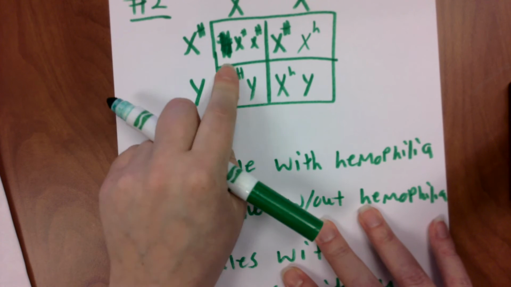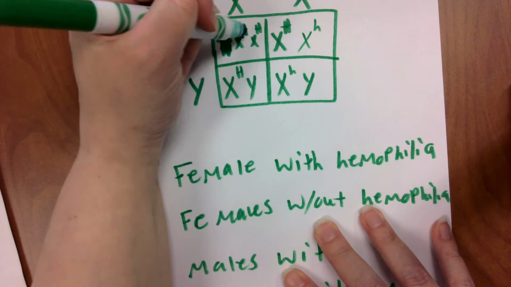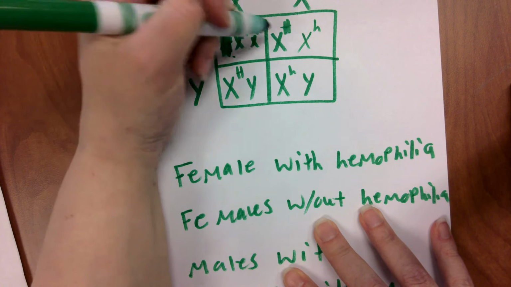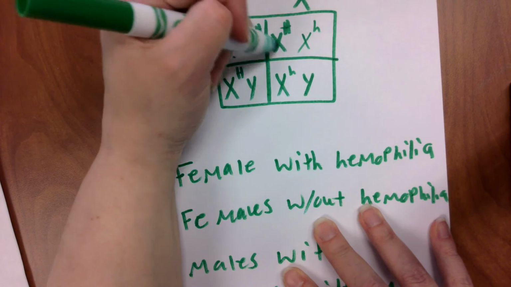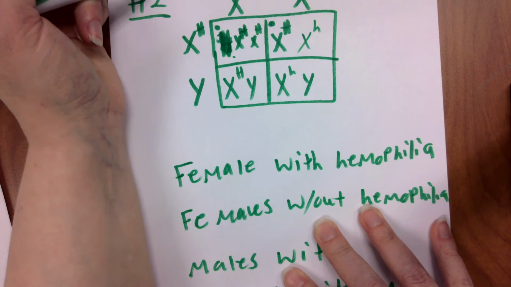So if we look here, this female has 2 capital H's, so this means she's normal. Big H, little h, that's a carrier. So this individual is a carrier, but they have a capital H, so that means that they're normal.